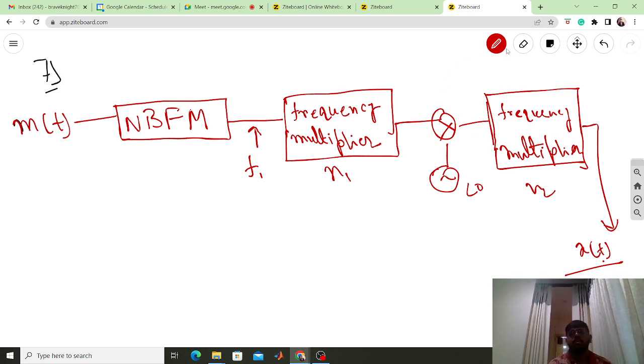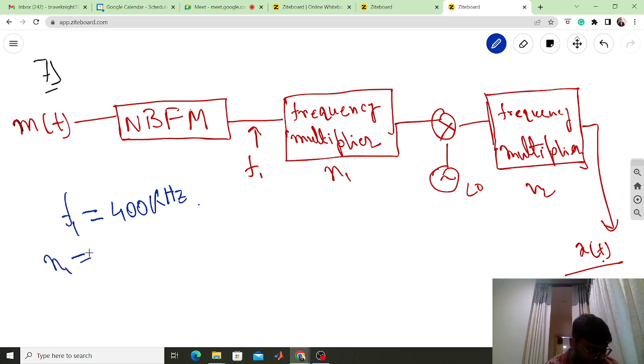So till now, what information have we got by solving the previous two questions? The F1 was given as 400 kilohertz. Then there is a frequency multiplier of N1.